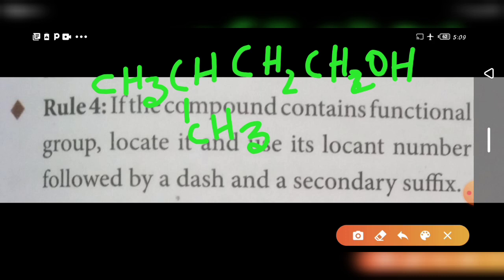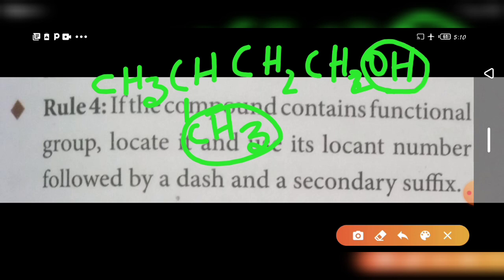Okay, now you see one functional group, that is OH, the alcohol, and another substituent, that is CH3. So the primary suffix and secondary suffix also you have to write down. First you calculate the long chain, how many carbons are present, first rule. So this one is first carbon, this one is second carbon, this one is third carbon and this one is fourth carbon. Okay, first carbon contains OH.